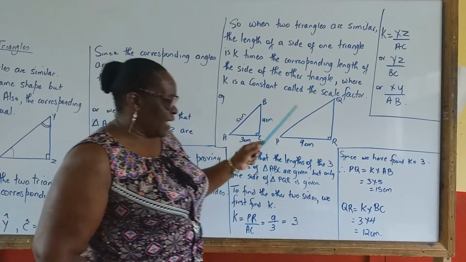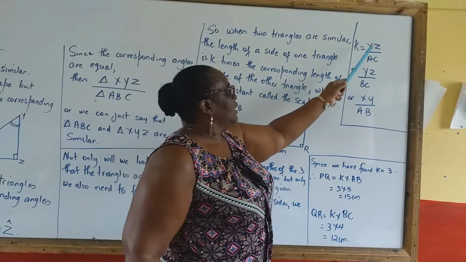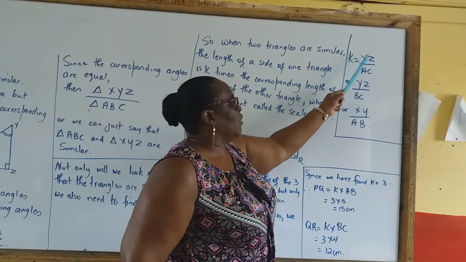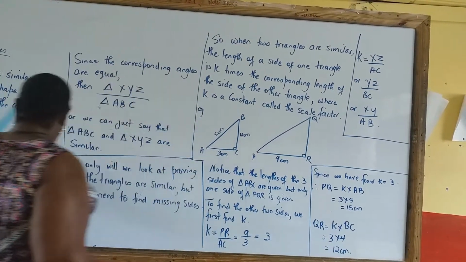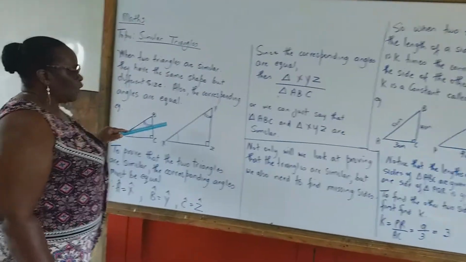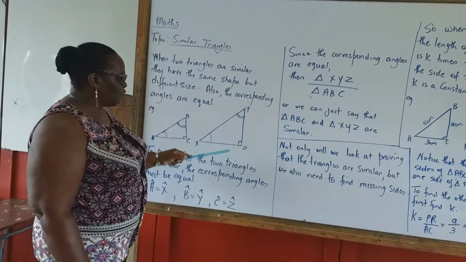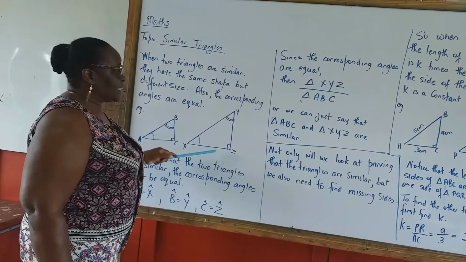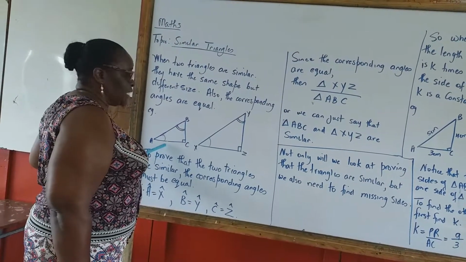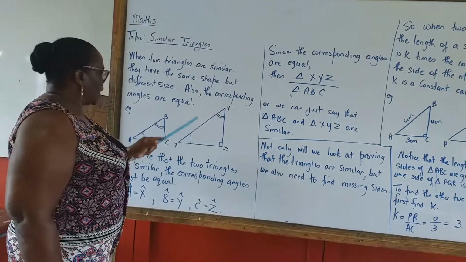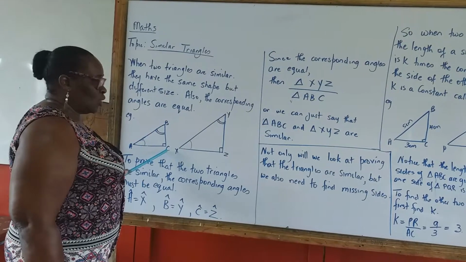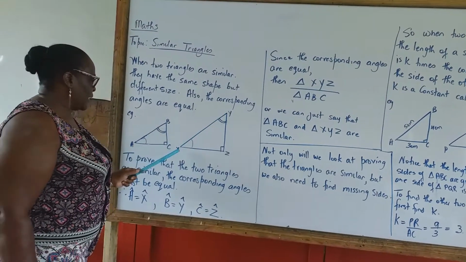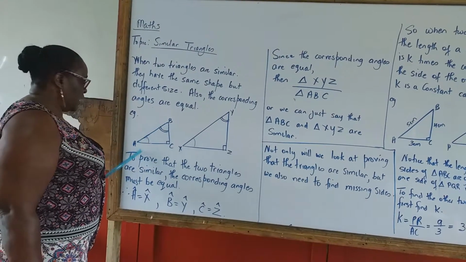But to find k, it has to be the corresponding sides, and the large one over the small one. So back to the first part, to find k you would put XZ over AC, or YZ over BC, or YX over BA.